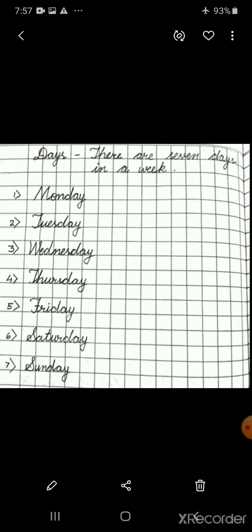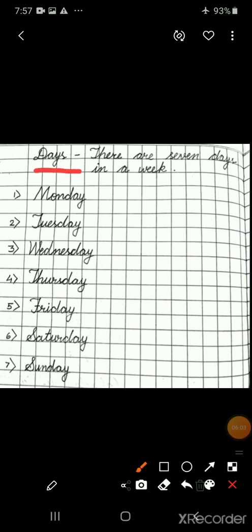It thus shows the months and weeks of a year. Full stop. Like this you will write. Now on the next page you will write about days.